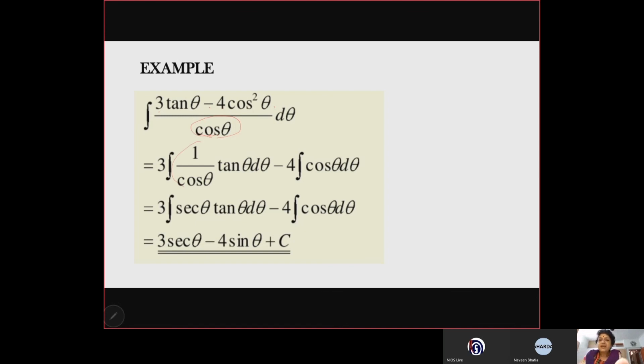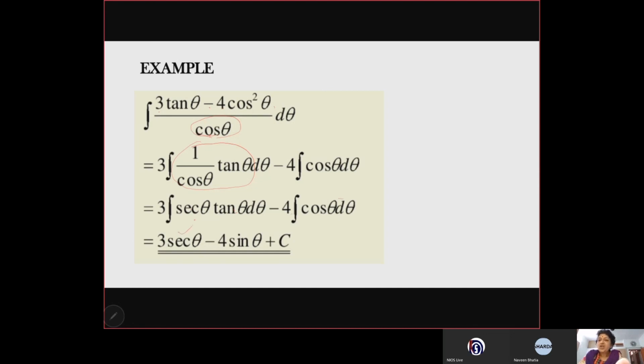So when I simplify this, we get it as 3 sec theta tan theta. I hope it's familiar. Sec theta into tan theta is nothing but the derivative of, yes, you're right, sec theta.